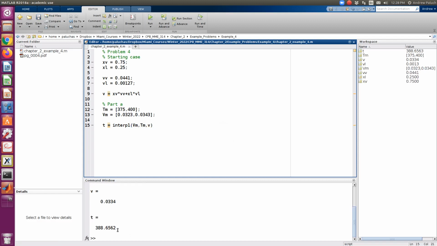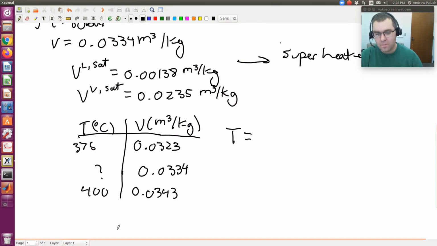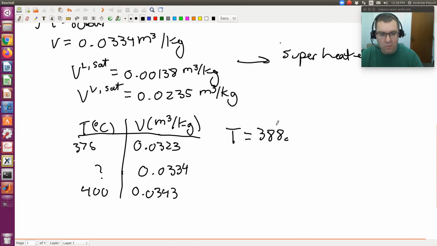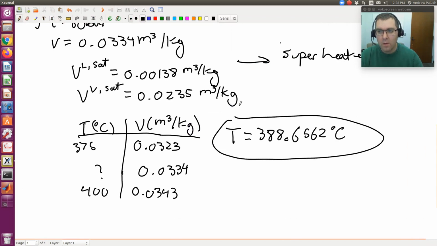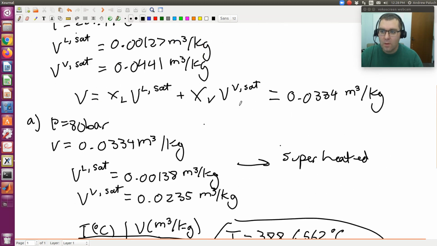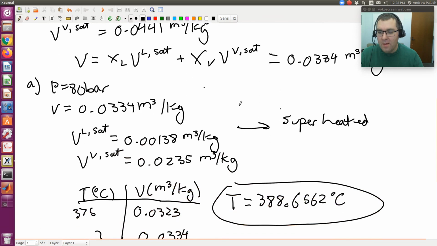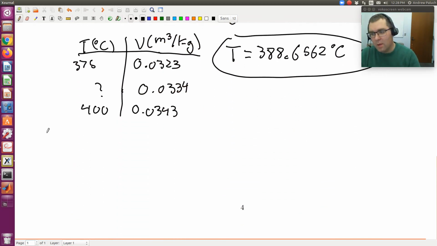So we estimate a temperature of 388.6562, so our temperature is 388.6562 degrees C. Okay, sweet. So that's A. We found the temperature.